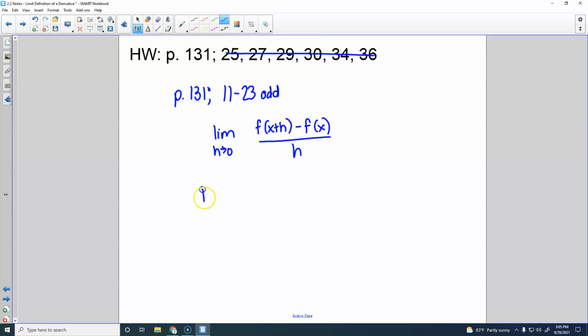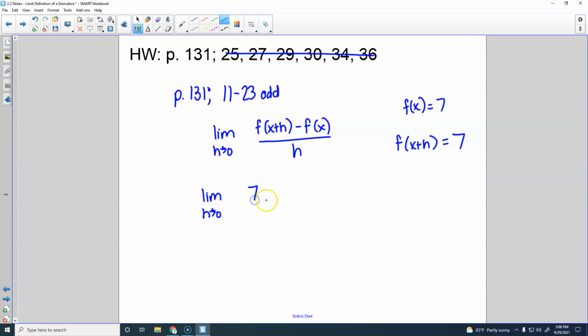So you'll be doing the limit as h approaches 0. If f of x is just 7, okay? What is f of x plus h? It's also 7.